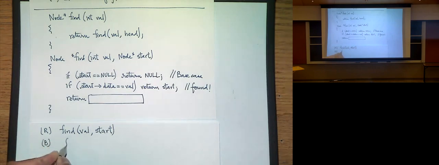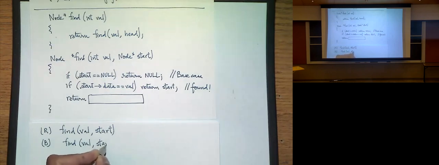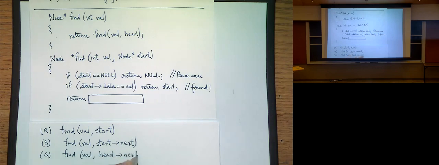Do I return find val of start arrow next? Or do I return find val of head arrow next? I'll give you a couple of minutes to think about it, and then you tell me what this is.